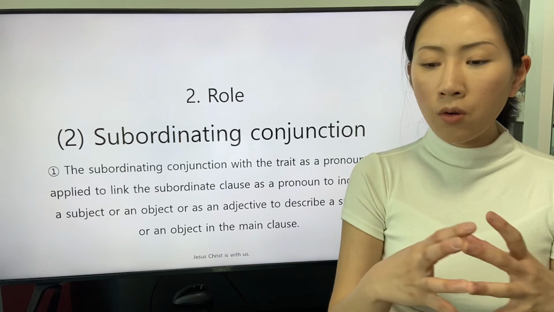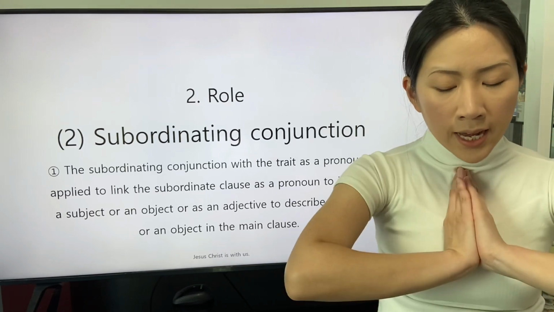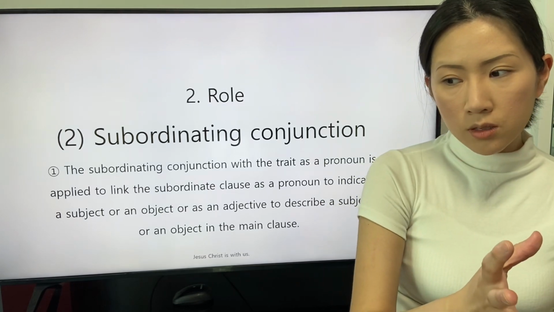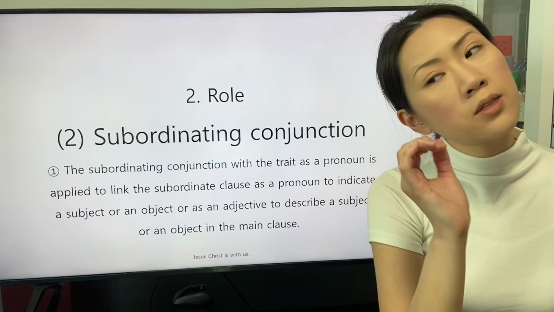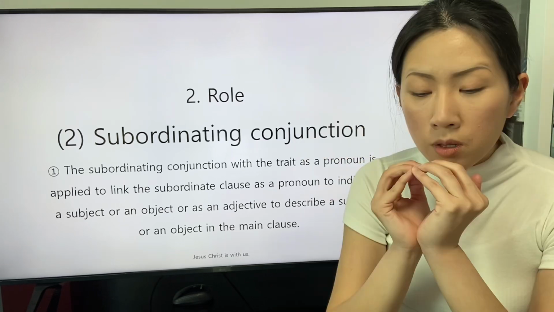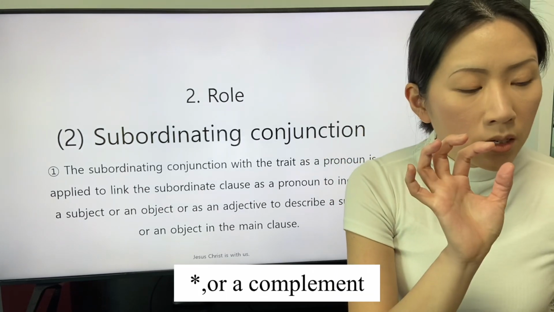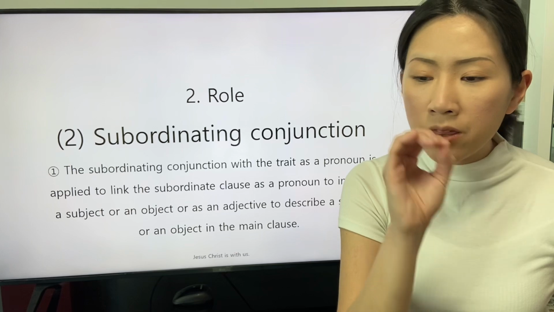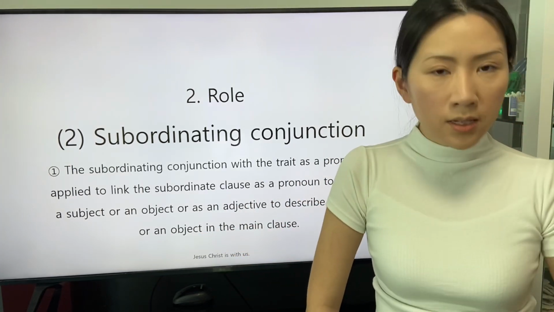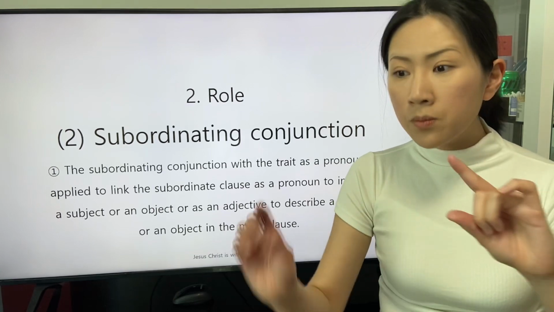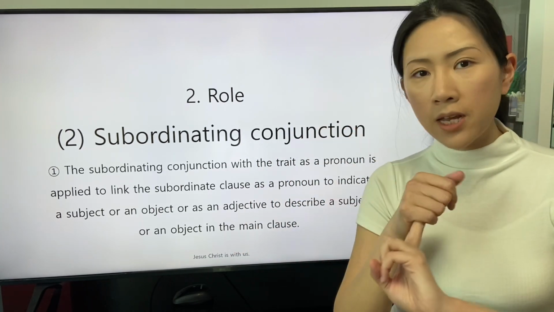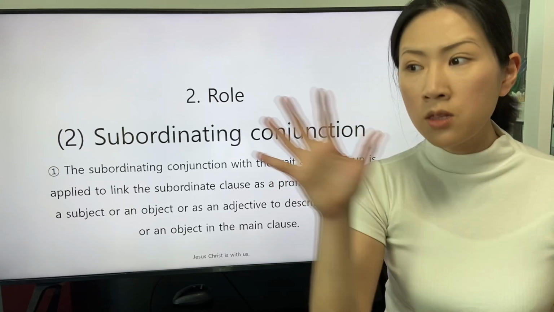The subject or object indicated by the subordinating conjunction is described in the subordinate clause. The subject object indicated by the subordinating conjunction and described in the subordinate clause is the subject, object, or complement in the main clause.